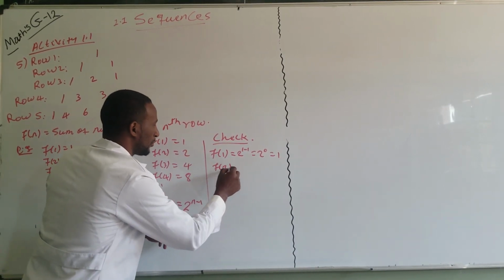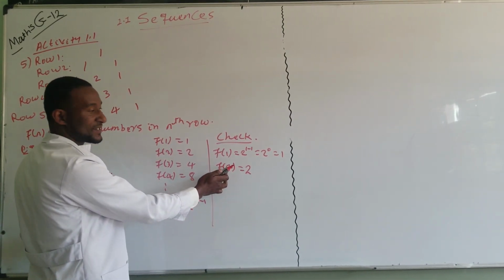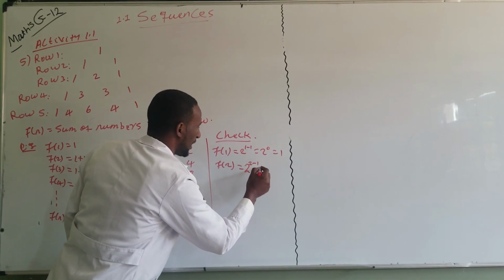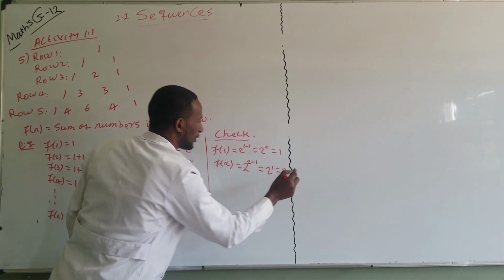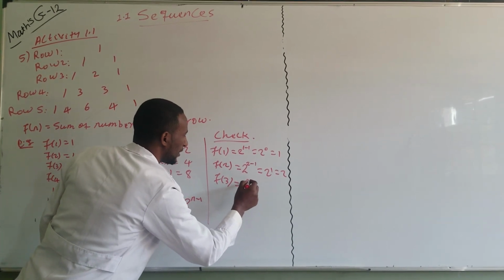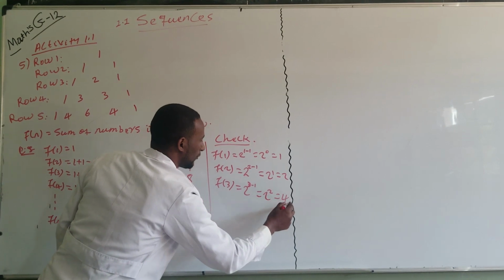F of 2, the sum of numbers in the second row, is 2 to the power of 2 minus 1, which is 2 to the power of 1, equal to 2. F of 3 is 2 to the power of 3 minus 1, which is 2 squared, equal to 4, and so on.